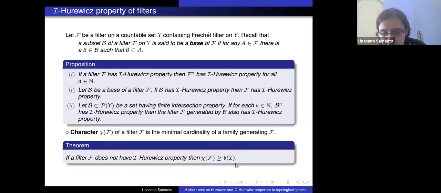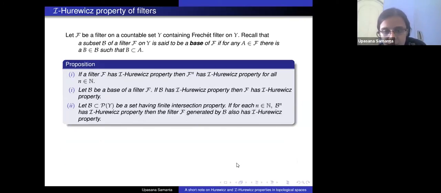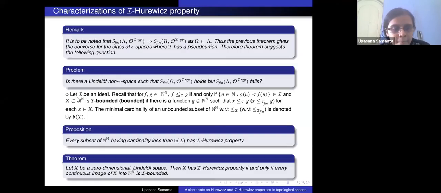And what I have actually defined is this. If we take two functions from N to N, we say f is below g if and only if this relation holds, and a subset of this space is said to be I-bounded if we find a function such that this holds for each x.